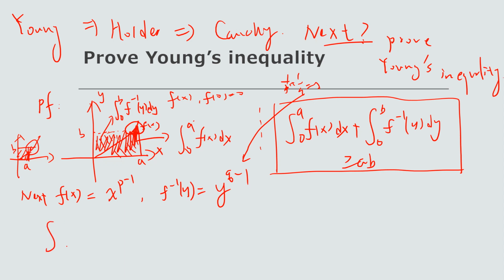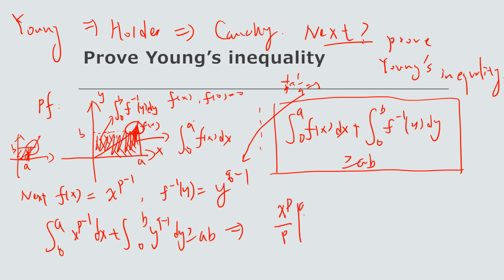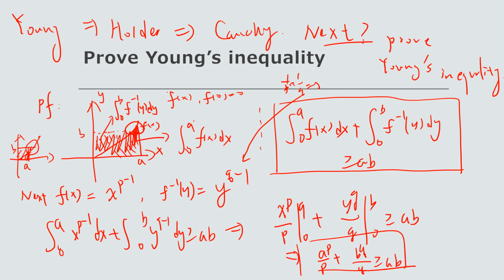Okay, so we can just put in here, so 0 to a, x to the p minus 1 dx, plus 0 to b, y to the q minus 1 dy, right? We're larger than ab. So the right hand side is just x^p divided by p at 0 to a plus y^q divided by q at 0 to b larger than ab. So this is just a to the power p divided by p plus b to the power q divided by q larger than ab. Okay, so this is Young's inequality.